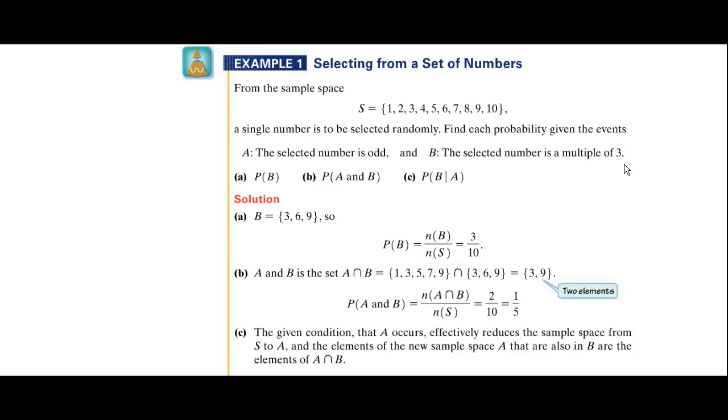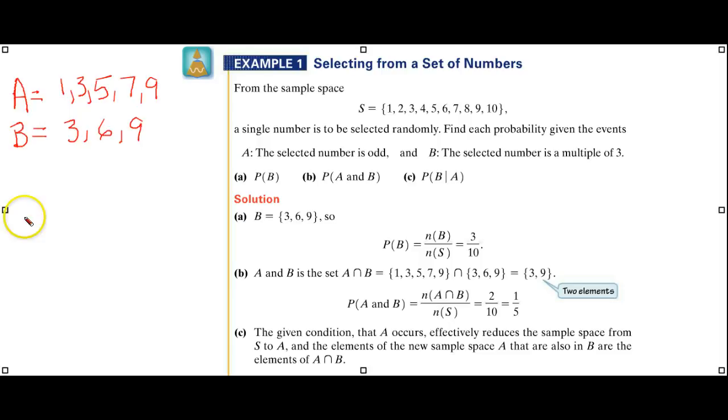So as we look at this, from our sample space we want to select the odd numbers. That would be 1, 3, 5, 7, 9. And then conditionally, we want to select a number that is a multiple of 3. So from our sample space, that would be 3, 6, 9.